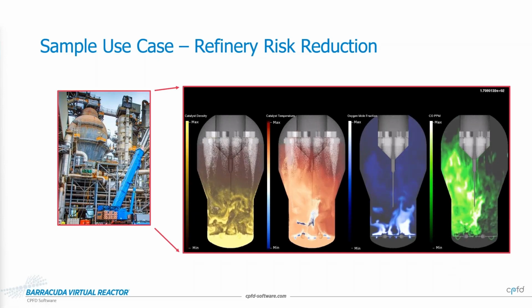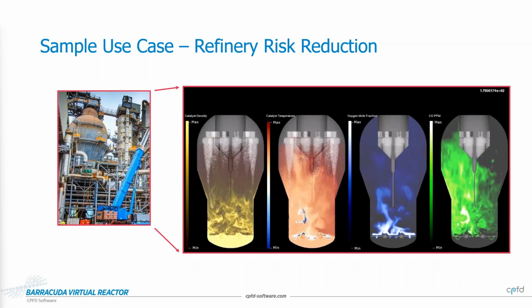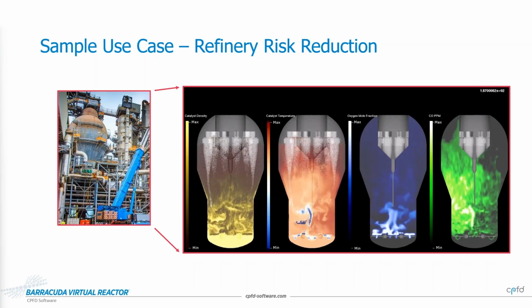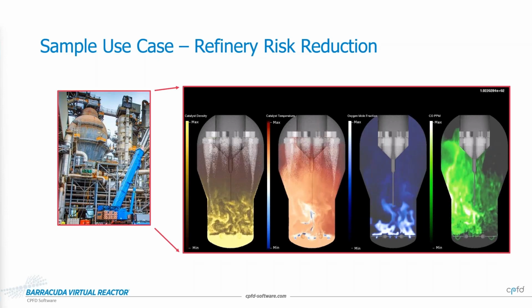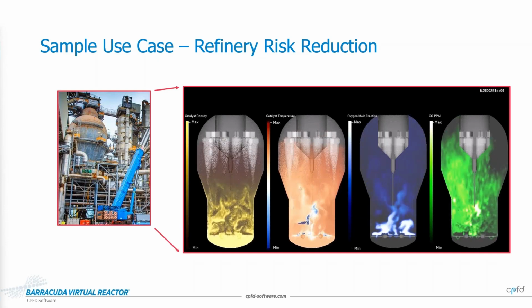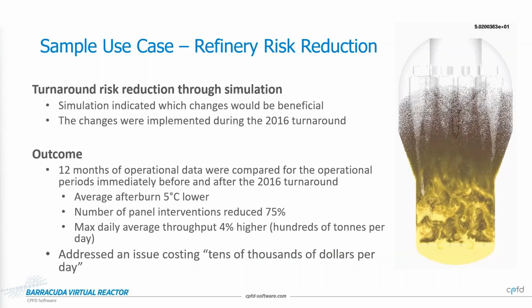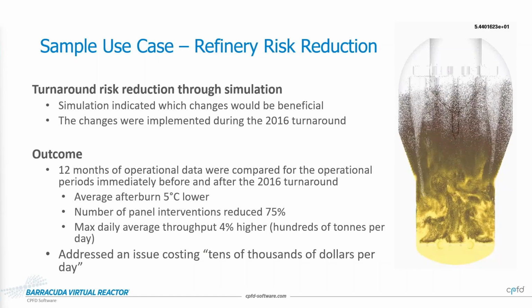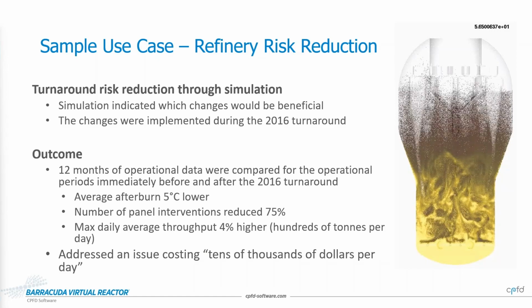That's your temperature excursion. Using this information, the engineers could then decouple which changes would make this better or worse, test ideas virtually, came up with a redesign that we tested prior to implementation, and then they implemented it. The simulation indicated the changes would be beneficial. They implemented it in 2016.